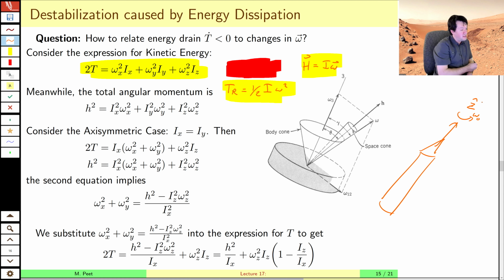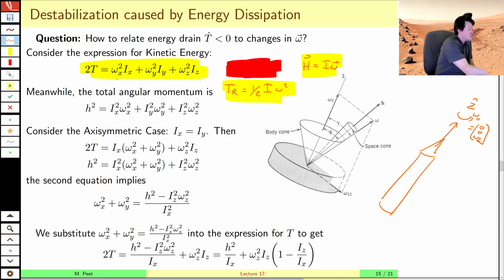And initially, of course, all of our rotation is 0, 0, omega z, all in omega z. And we're going to look now at what happens to that initial rotation vector as kinetic energy decreases.